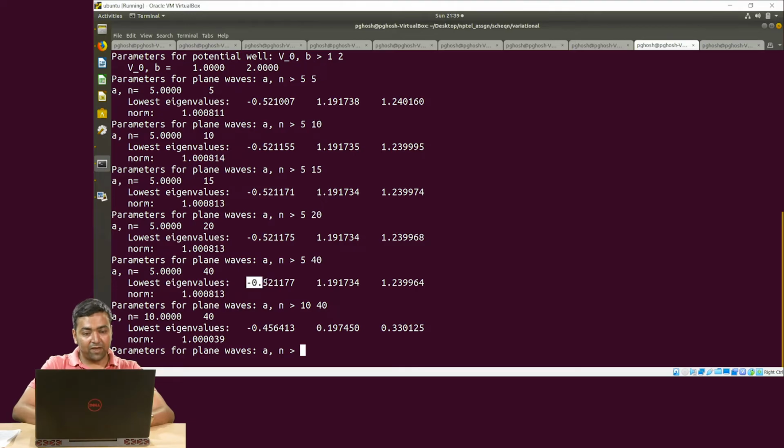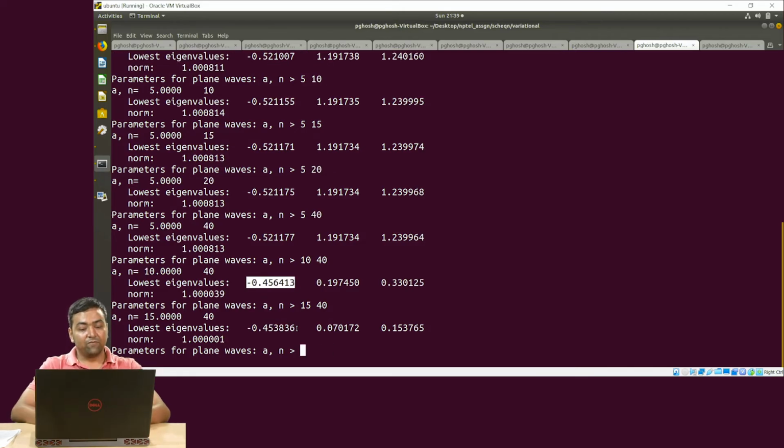For A equals 5, my energy is minus 0.52177, but the moment I increase A to 10, my energy goes to minus 0.456413.